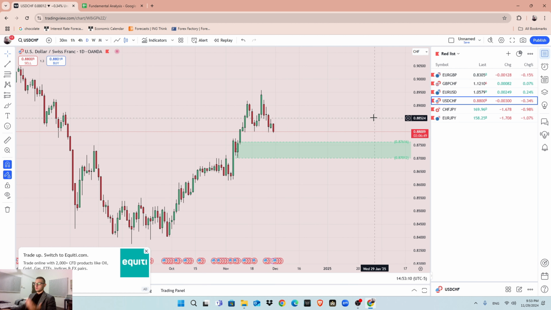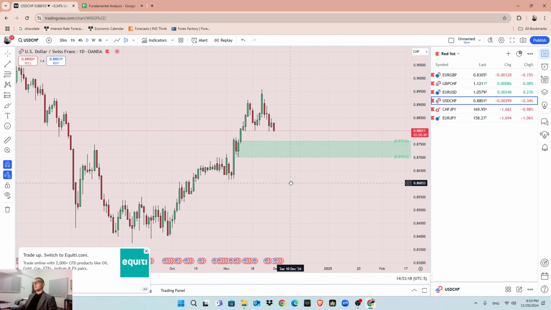Same, so Euro USD is short, USD franc is long. Okay, buying the USD. In both pairs we are buying the USD. So I will be looking into a retracement into this demand area right here in order to take a long position.